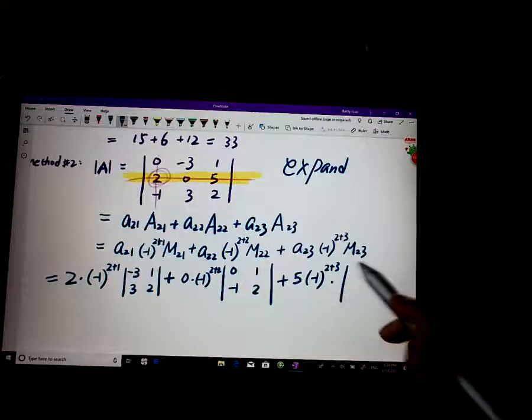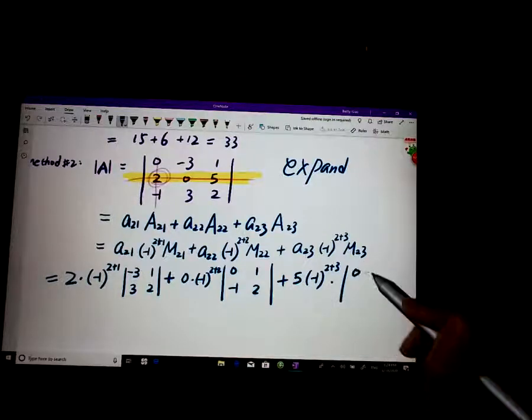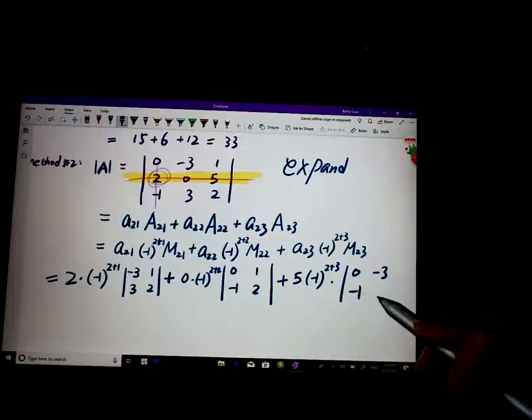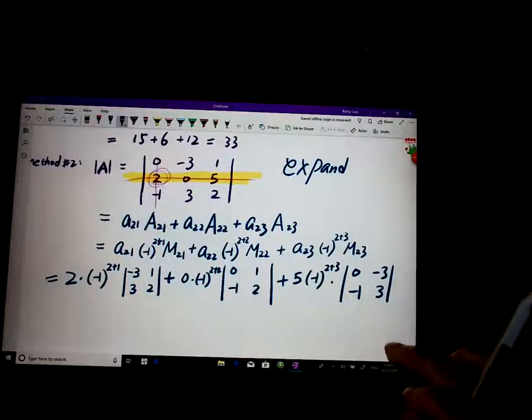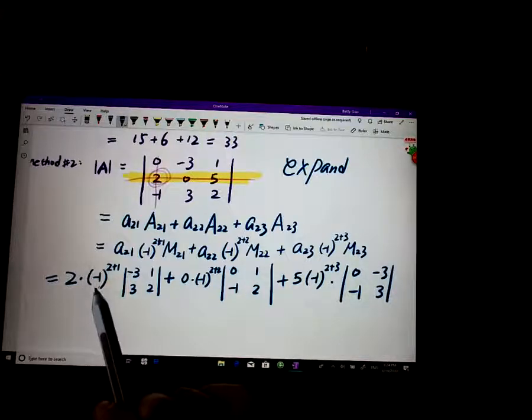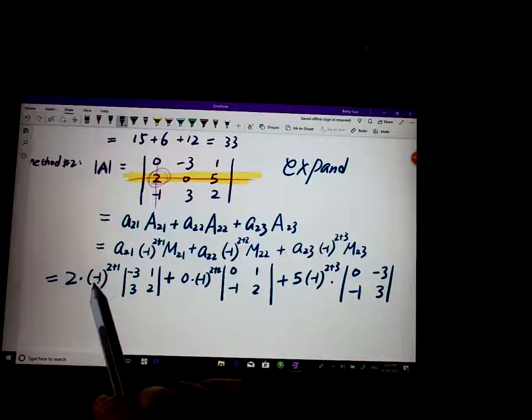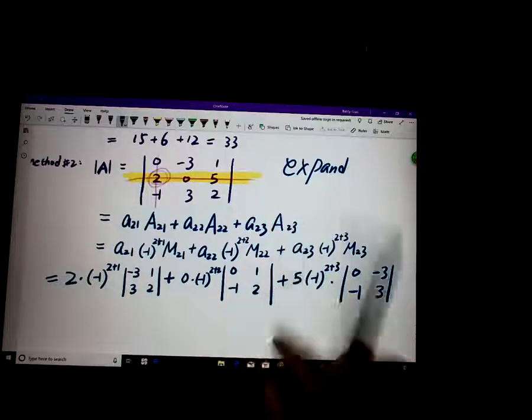The rest of the entries gives you a 2 by 2 determinant: 0, -3, -1, 3. So I think you should be clear now on what a minor is. A minor multiplied by a sign is a cofactor. How do you determine the exponent on the shoulder of -1? I have explained earlier. So let's see how we evaluate this.